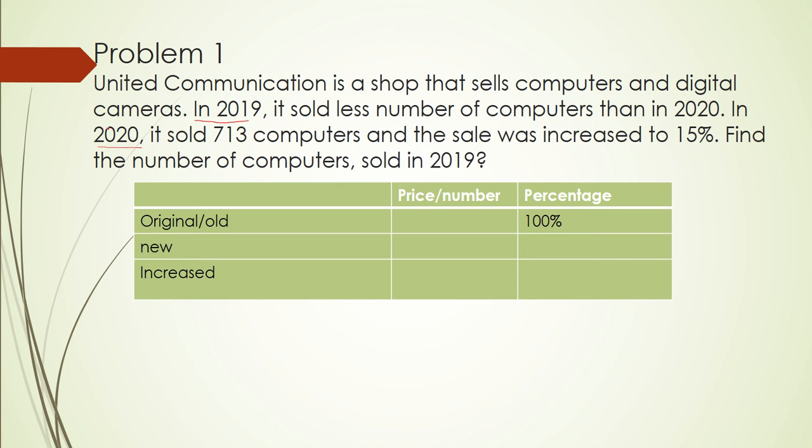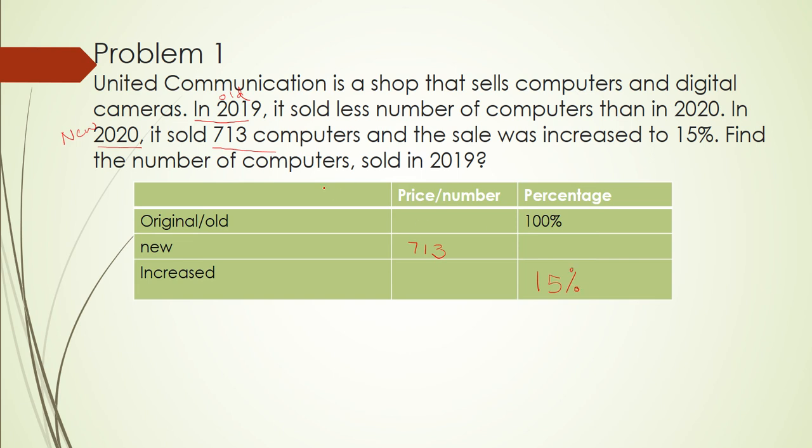It means 2020 is the new year, which is going to give us the new value, and 2019 will give us the old value. Now, they said that in 2020 it sold 713 computers, so we will write here 713. And they are saying the sales increased by 15%. So the increased percentage, we'll write over here, 15%.